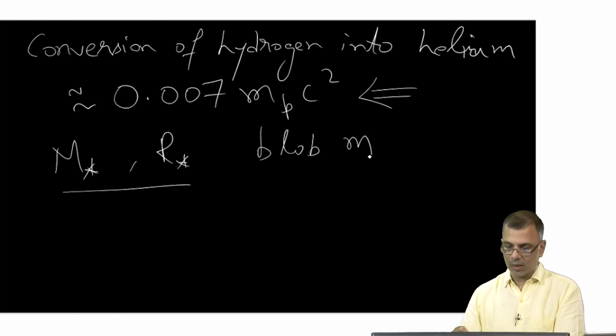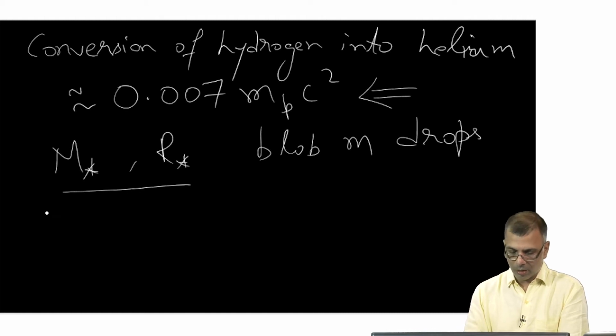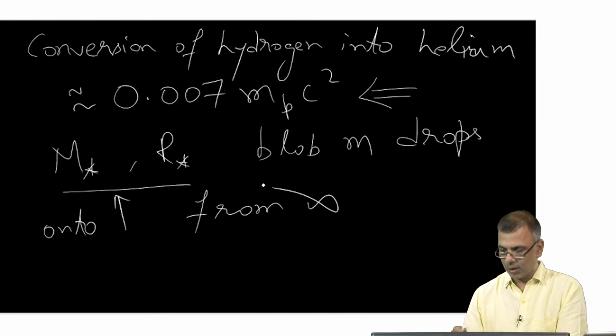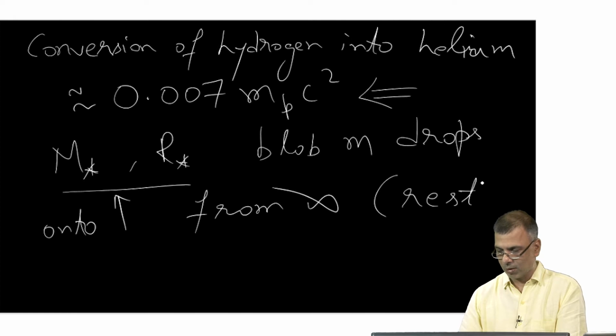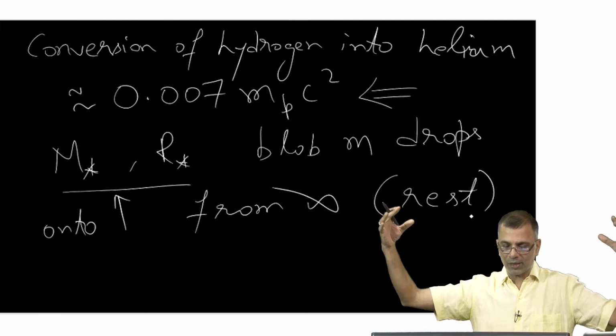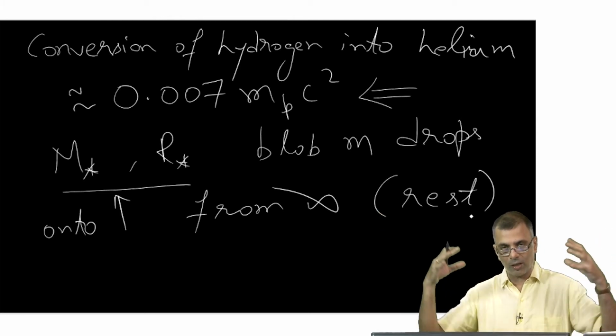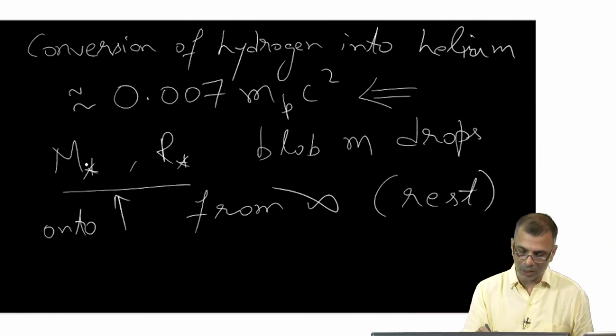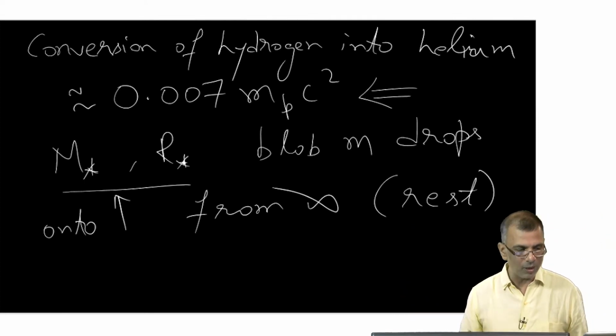It drops onto this central object from infinity, and it was at rest at infinity. It is being attracted and it accretes onto this central object, which has a mass m star and a radius r star.